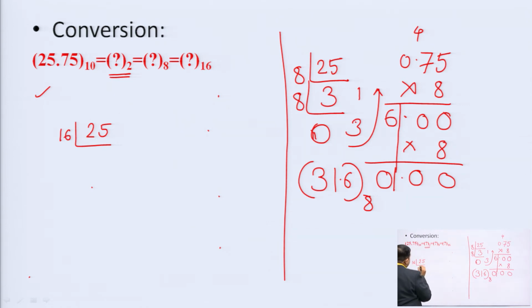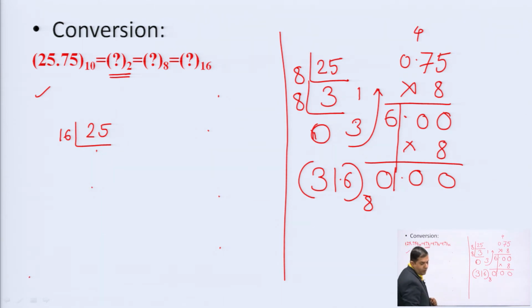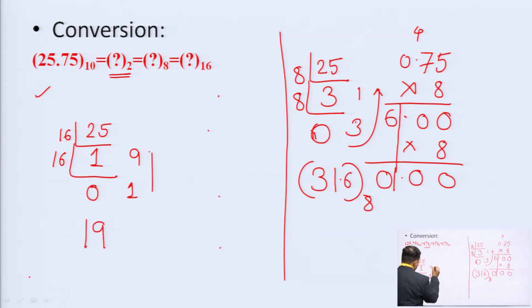So, 16 1s are 16 and the remainder will be 9, then 16 0, remainder will be 1. So, 19 will be coming. Reverse order, and for 0.75 again we have to multiply with 16.